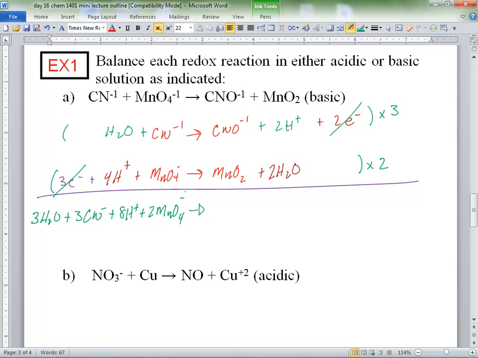Okay? See where I'm getting this stuff from? Do the same thing for the product side. So now I have 3 CNO negatives. And what is that? 6 H pluses. The bottom half reaction, 2 MnO2s. And 2 times 2 would be 4 H2Os.